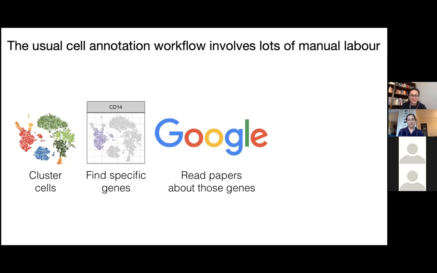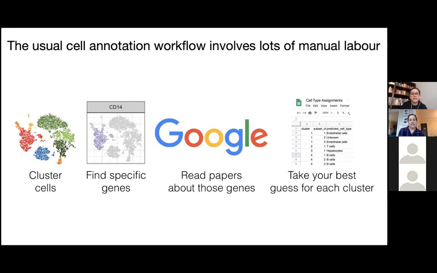Then you have to read innumerable papers on Google about these specific genes that you find in the clusters. And then take your best guess for each cluster and what sort of marker genes are the best represented in each cluster. And that's still going to be a guess if you don't know a lot about the data set that you're working with.